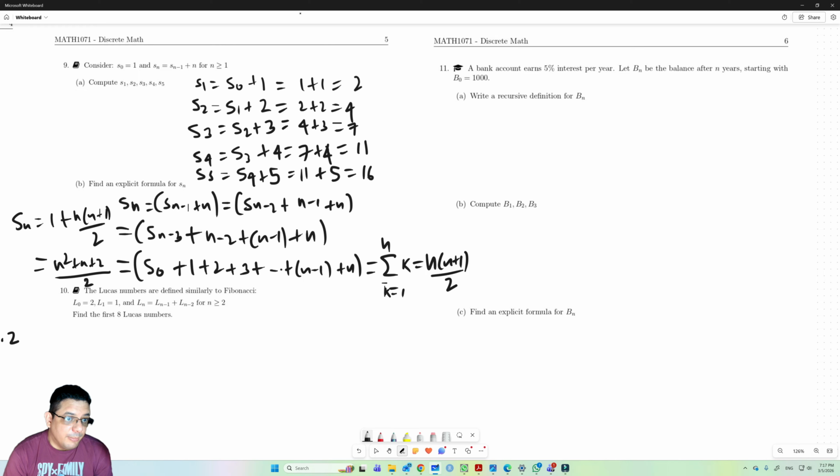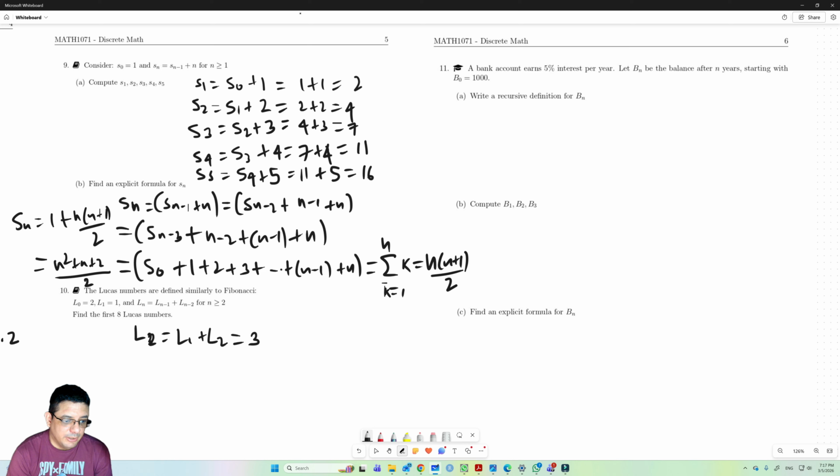Now the Lucas numbers are really similar. It's just now the starting point is going to be L0 equals 2 and L1 is 1. And so it's always about the sum. So we have that L2, which is the next one, will be the sum of L0 and L1, which will be 3.